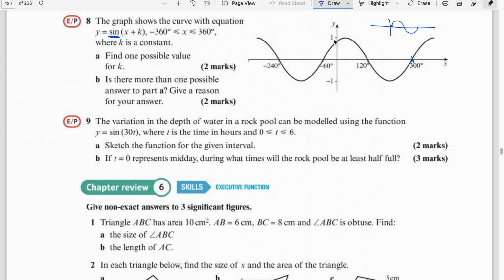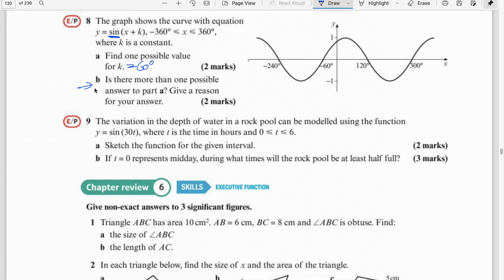So this graph is moved towards the left, and by how much? By 60 degrees. Can you see it? So you see it should have been at 0, but it is at minus 60. So the graph is moving 60 degrees to the left. So the value of k is 60 degrees.